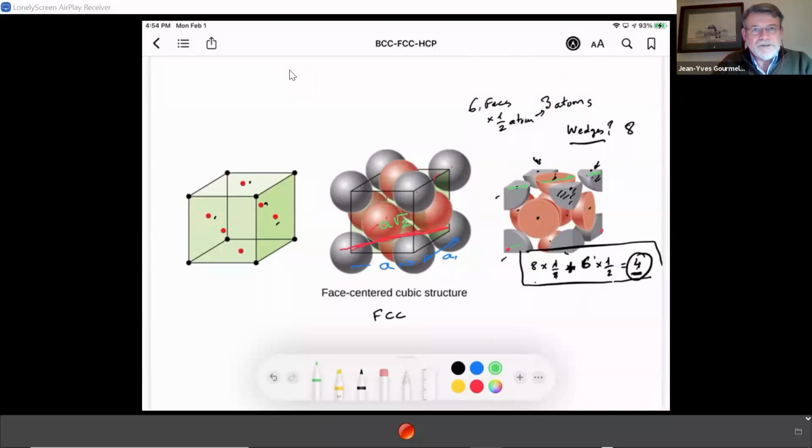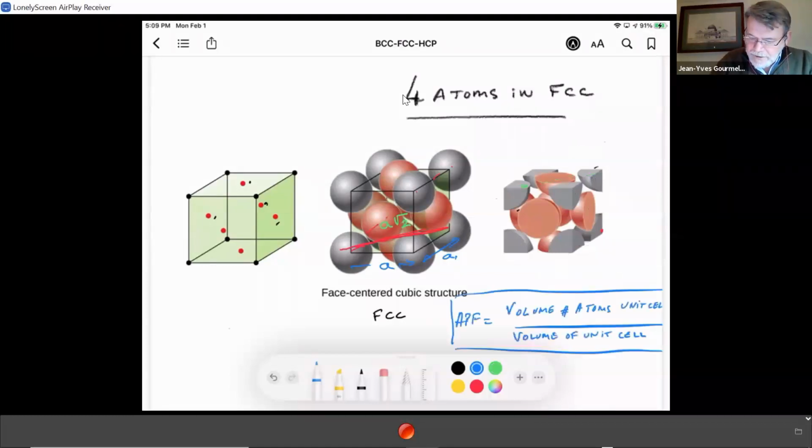So the atomic packing factor for the BCC was 68%. What would it be for the FCC? Well, how do we determine the APF?